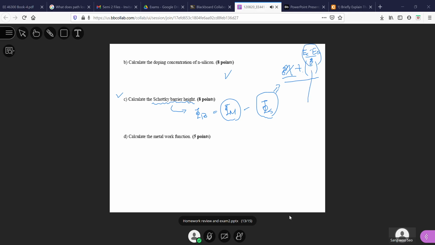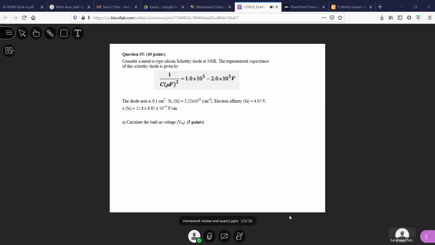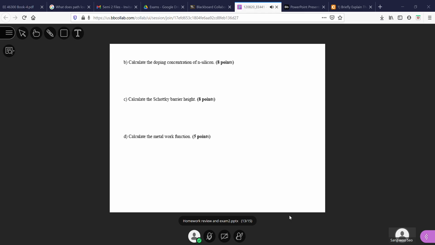This value, as you remember, is related with KT over Q at NC and ND. For the silicon, the NC is given. So using this value, you can calculate the Schottky barrier height. Okay, so that way you can calculate.